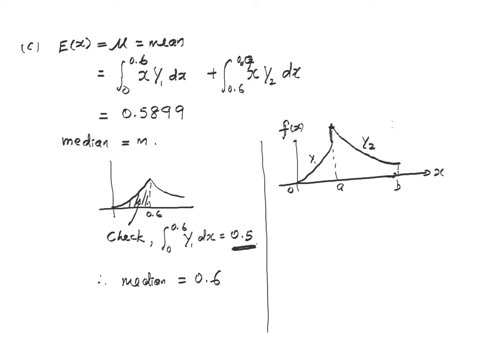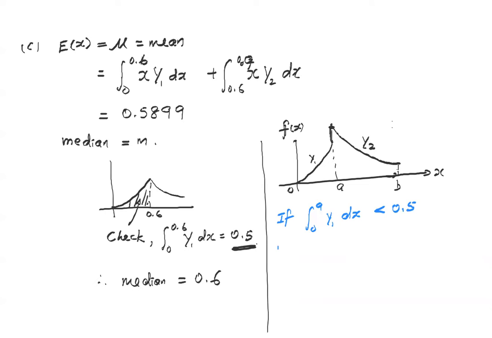So now if I integrate from 0 to A y1 dx, I got less than 0.5. So where is the location of the median now?